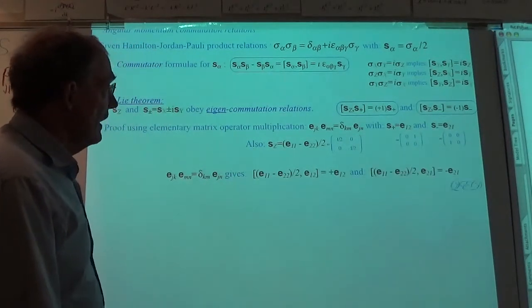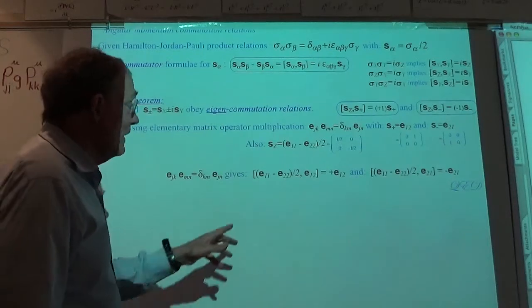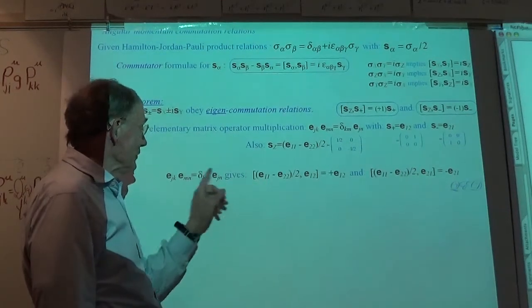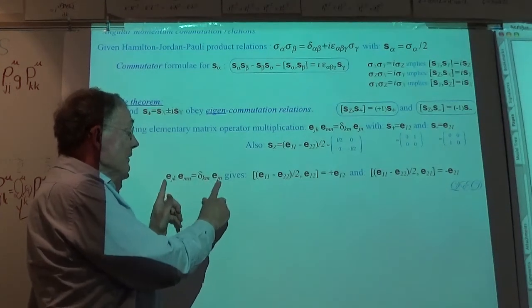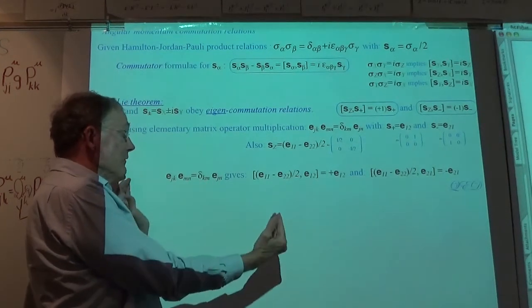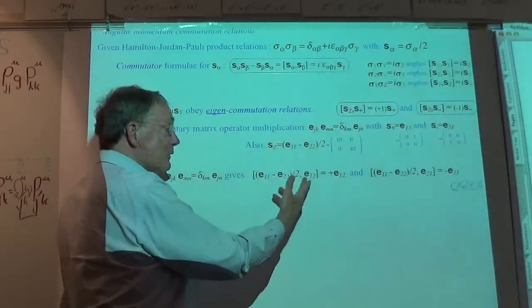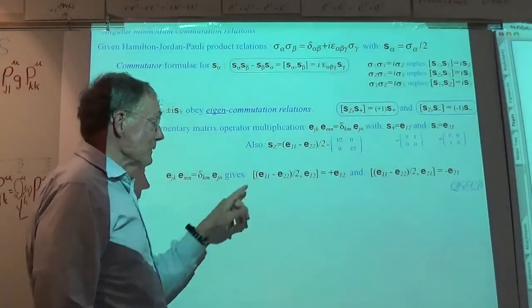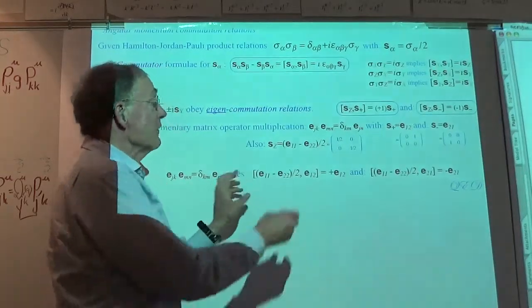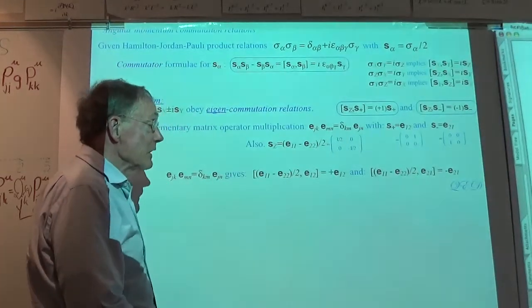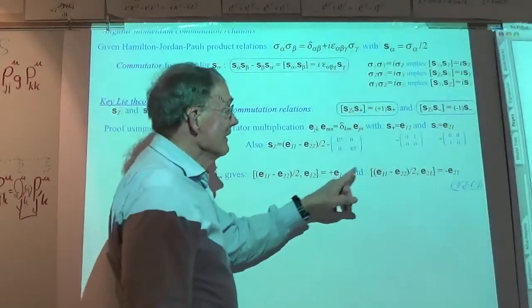And the way you see that is to just go ahead and do the elementary multiplications. E J,K times E M,N is 0 unless K is equal to M, and then it's equal to E J,N, the outside indices. Just go through and do all those multiplications, remembering this is a commutator because you've got to multiply and then multiply the thing with an E1,2 on the left-hand side. You will get this and you will get that.